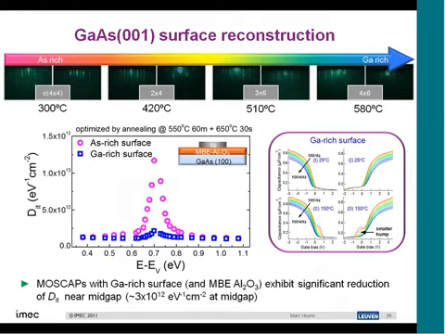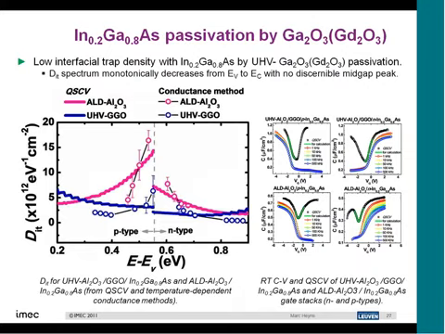Other examples of high-k layers that give us very good results are, for example, this is the indium gallium arsenide case, the typical gallium gadolinium oxides. Again, by doing everything in a UHV environment under very well controlled conditions, we can get very low Dit levels with it. This shows the comparison with aluminum oxide deposited with ALD, or the UHV gallium gadolinium oxide.